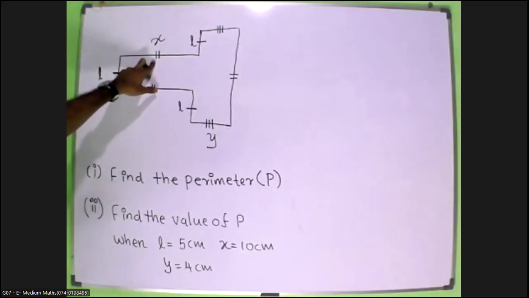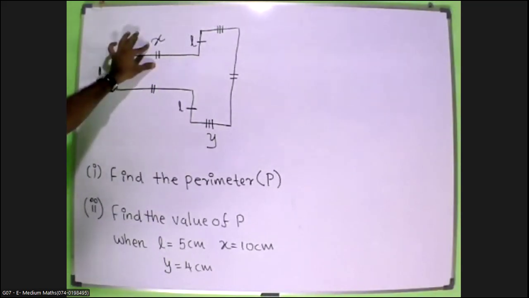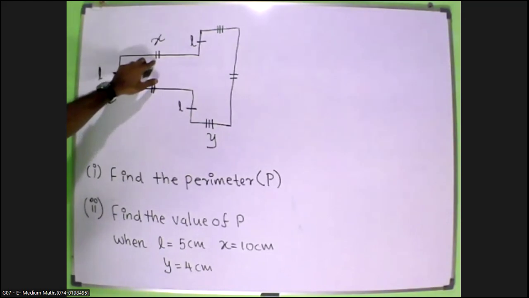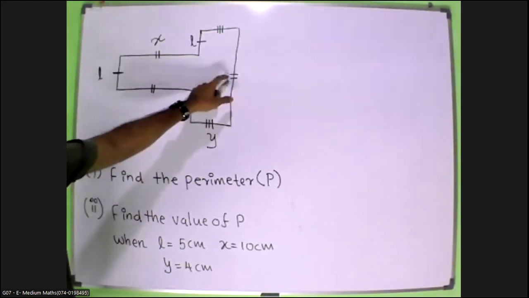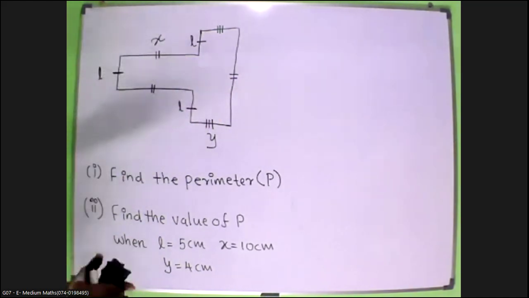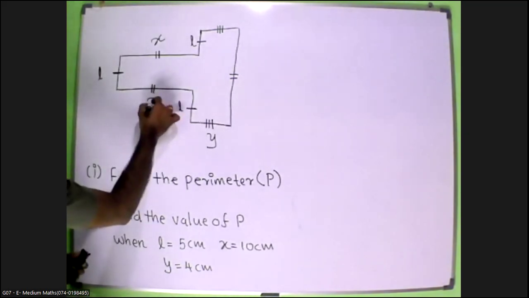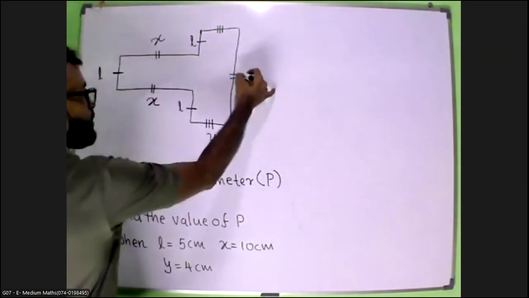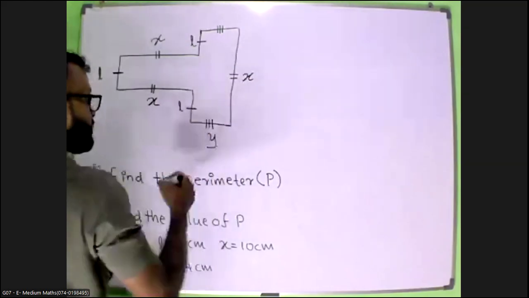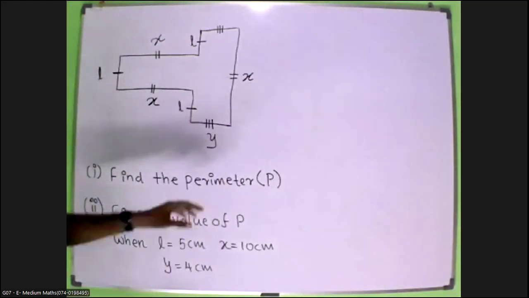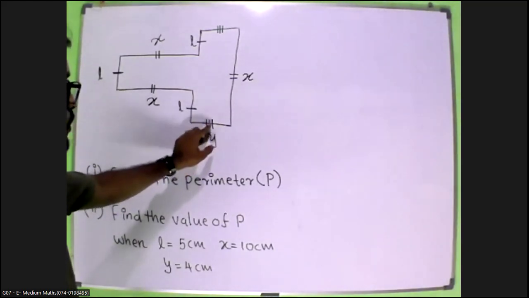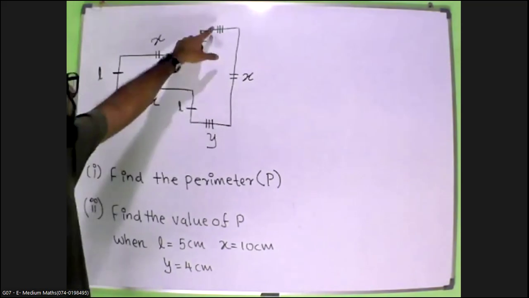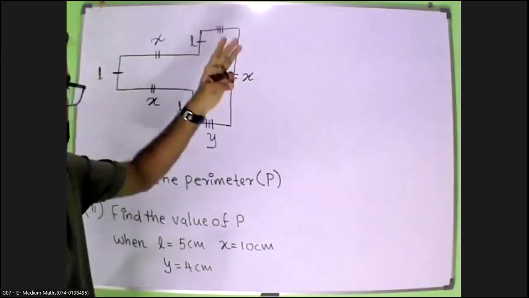So I have taken this length equals to this length. So here you have two dash lines, and here also two dash lines, and here also two dash lines. So this length is X, this length is X, and this length is X. So I have marked this length is Y. 1, 2, 3. 3 dashes. 1, 2, 3. 3 dashes.